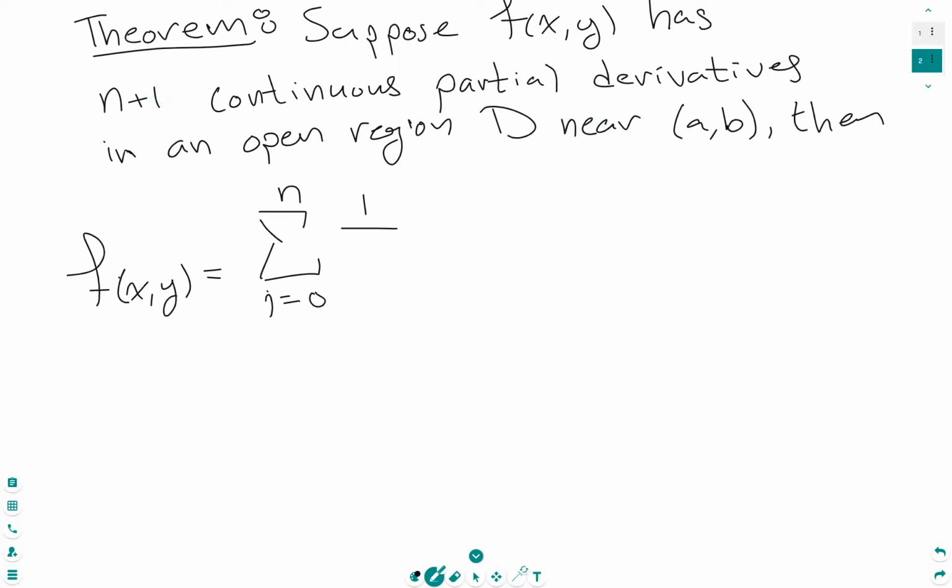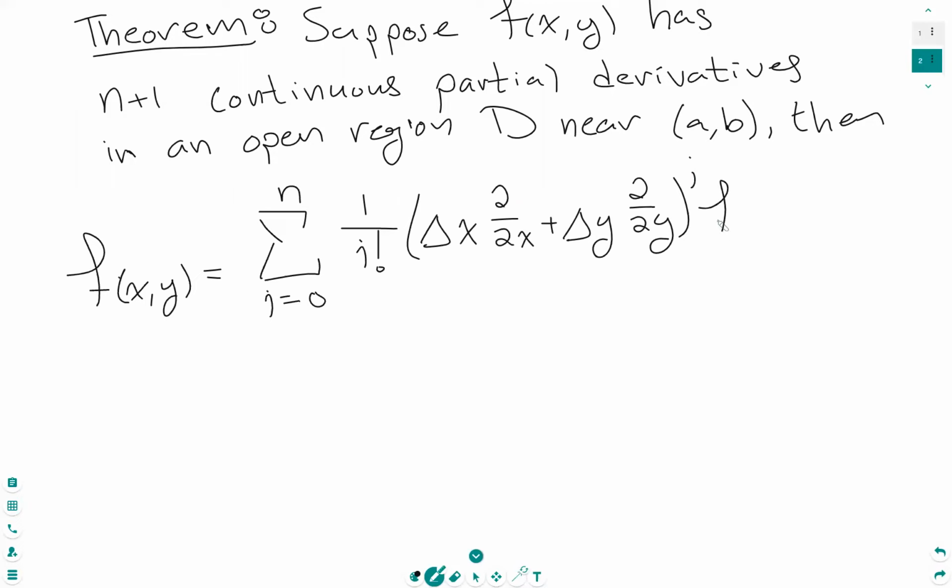This is 1 over I factorial times this differential operator applied I times to the function f evaluated at AB.